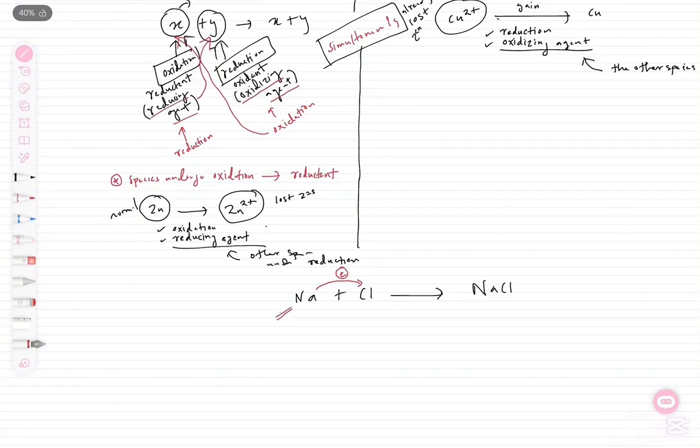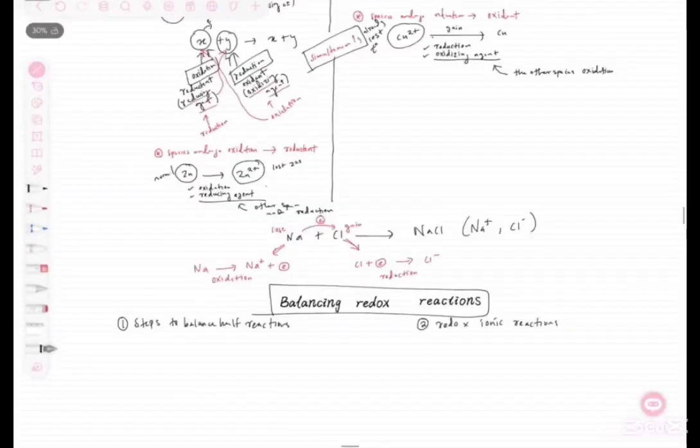Sodium will become Na+ because it is losing one electron. Chlorine gains an electron, so chlorine plus the gained electron will form Cl-. Losing an electron means oxidation and gaining an electron means reduction. Sodium is becoming Na+ and chlorine is becoming Cl-.